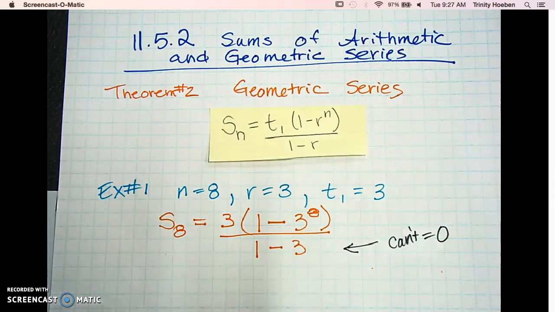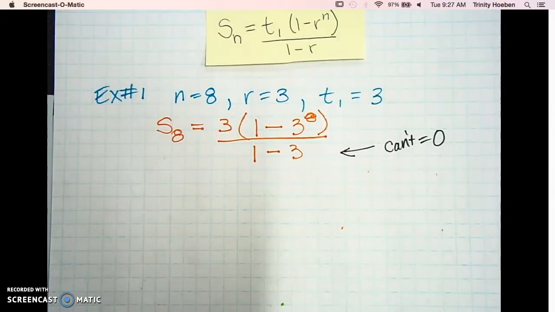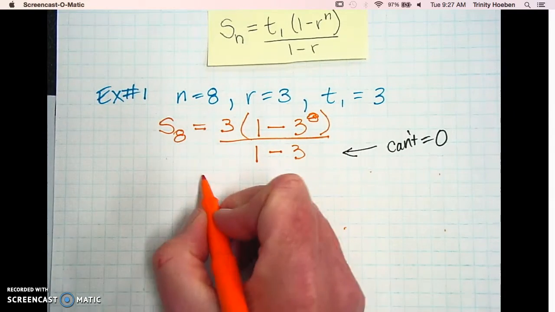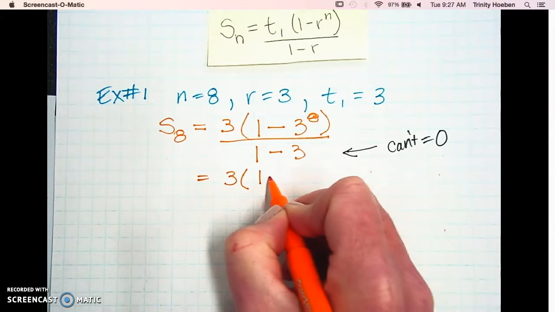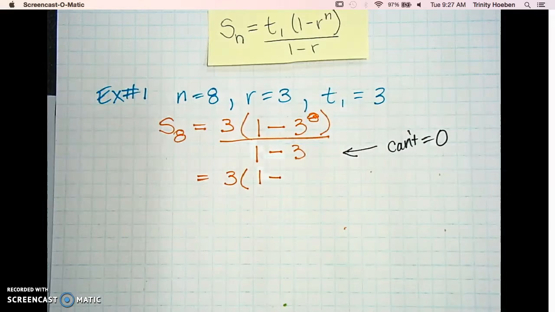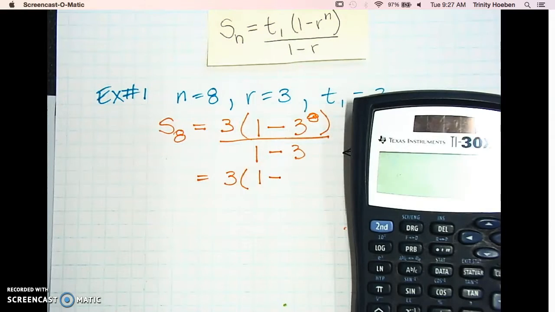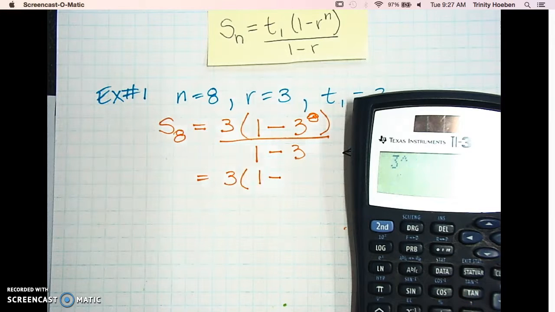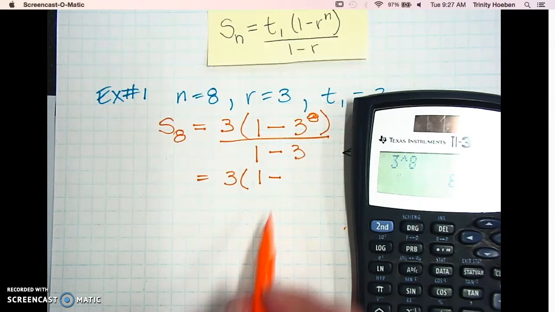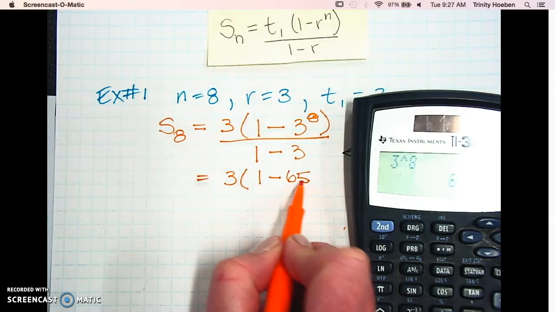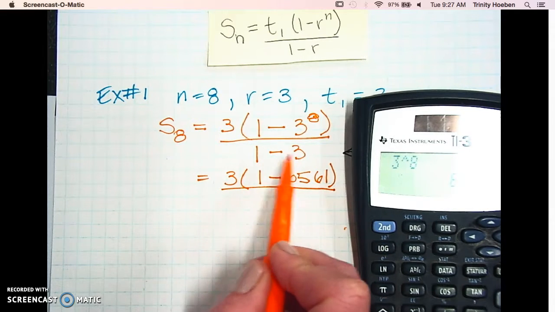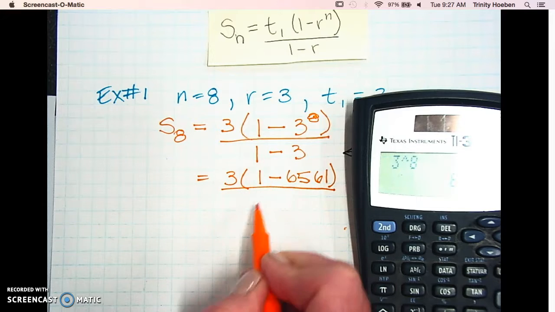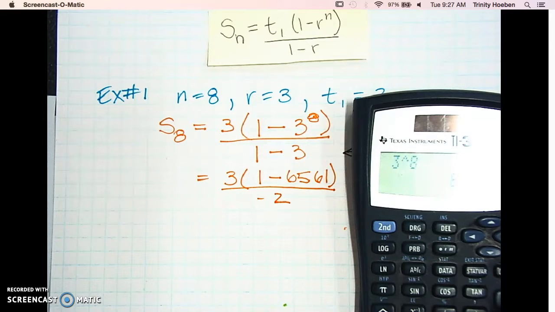And then the rest is pretty much just calculator work. Once you figured out where to plug everything in, you're going to type it in your calculator. So you're going to have 3 times 1 minus, and then you want to do 3 to the 8th power first. So in your calculator, you're going to type 3, use the caret button, hit 8, and you should get 6,561. And then obviously you can simplify that denominator. 1 minus 3 is negative 2.